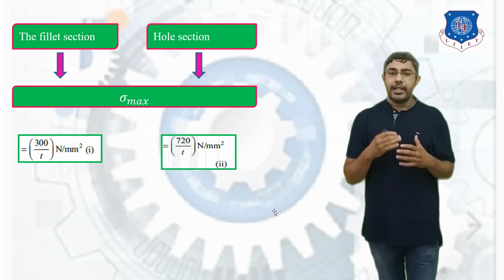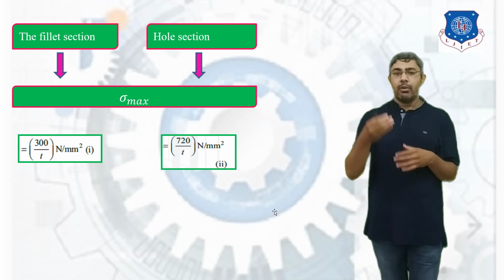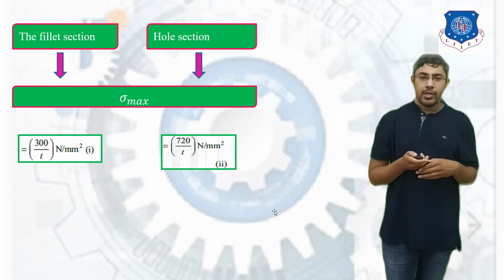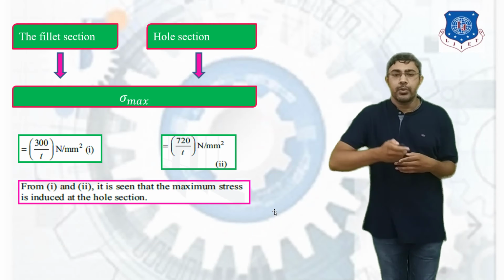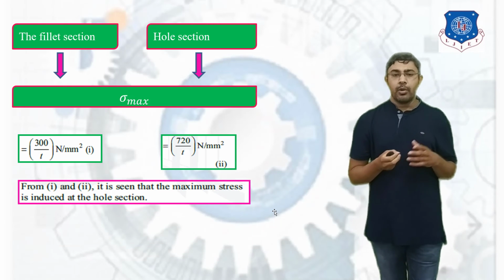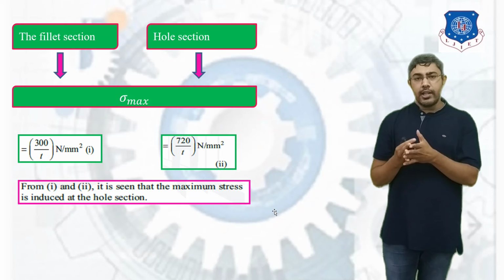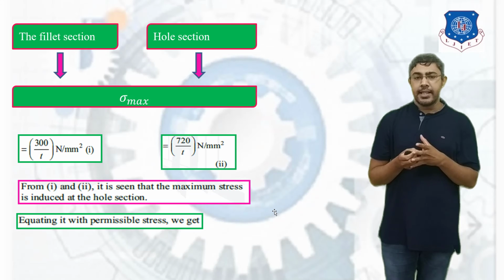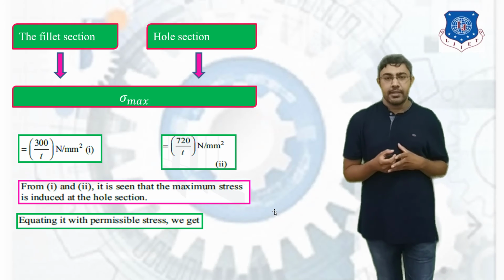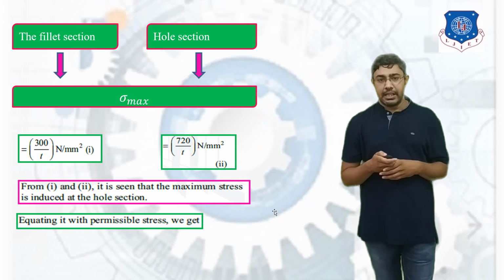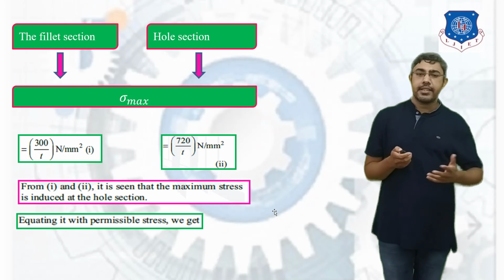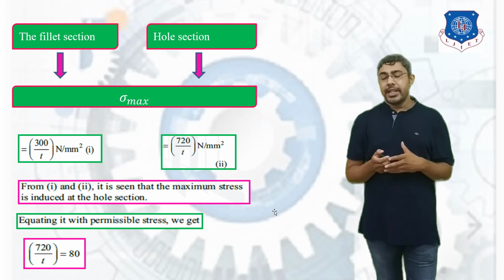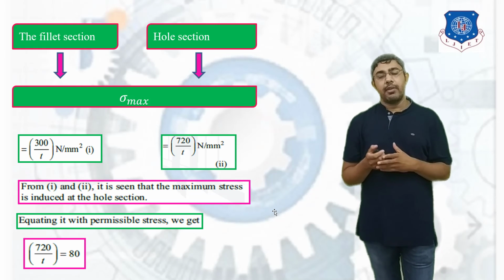To calculate the thickness of the plate, we have to consider the maximum stress at the wall section. From equations 1 and 2 we can say that the localized stress at the wall section is higher. So we have to equate this stress with the permissible stress to calculate the thickness T. If we equate this stress to the permissible stress, we get 720 divided by T is equal to 80.